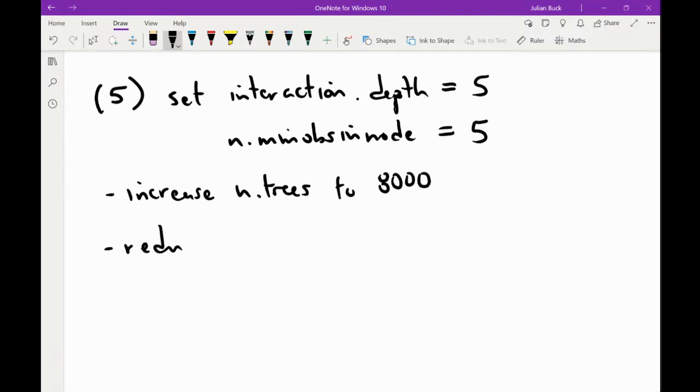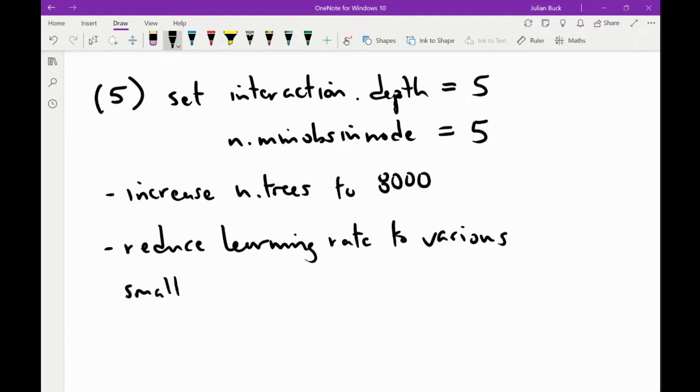Reduce the learning rate to various smaller values. So try out different values of the learning rate that are smaller than the one we had fixed. Remember that our previous one was 0.05. So maybe say 0.01 to 0.05 range.